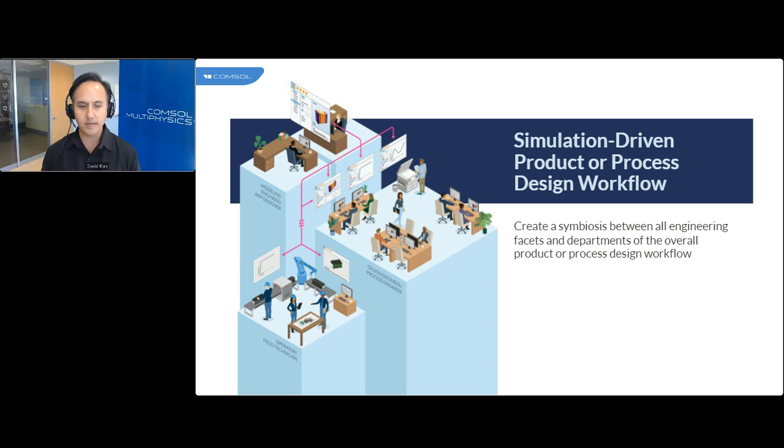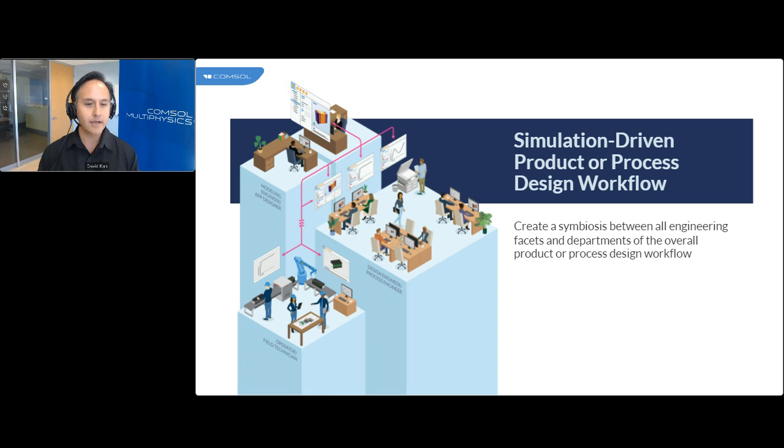So to illustrate this, here's a little picture, and here we have a typical simulation-driven product design workflow. So there's 3 pillars, and they represent the 3 different categories of the different people involved. Up at the top here, you have the modeling experts. That's people probably mostly like the audience today, where they would use a product like COMSOL, and they are really good at it, and they're trained at it, and they are the experts.